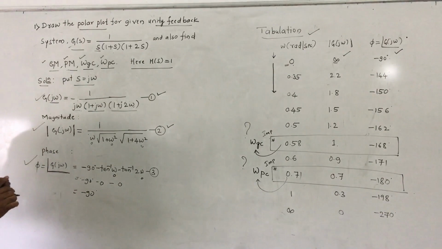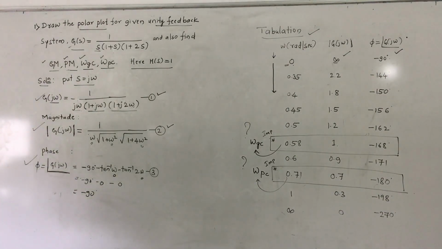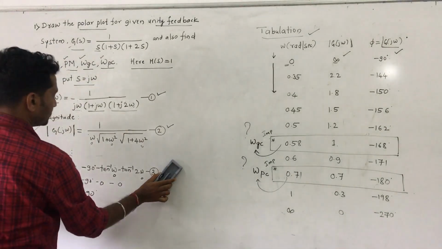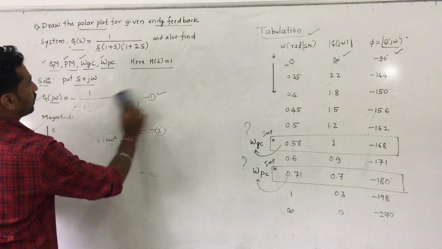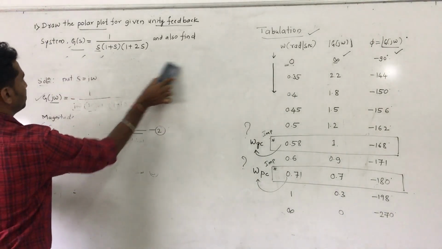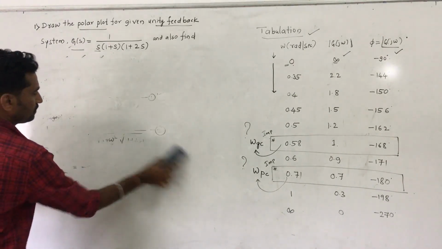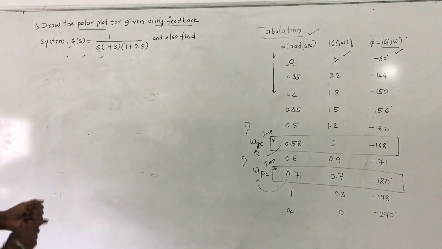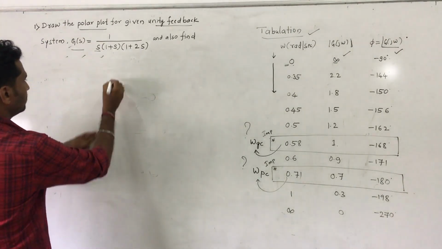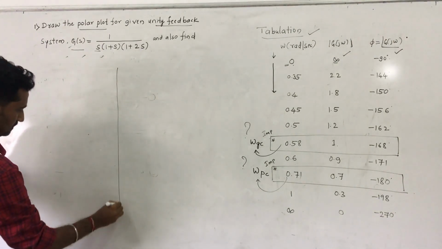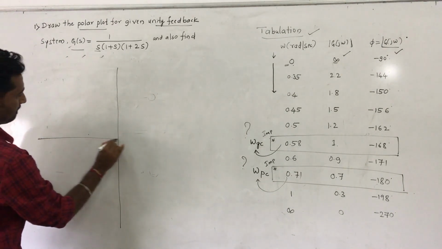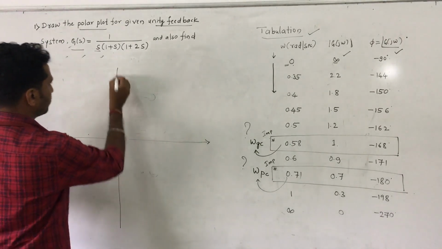Now we need to find gain margin and phase margin also. For that reason we need to plot a graph from the tabulation values. Now see here how exactly. We need to plot the graph, so let me start drawing it. It's a rough graph I am drawing here.